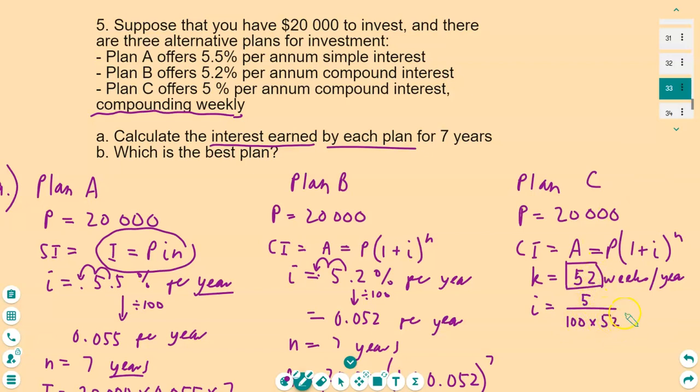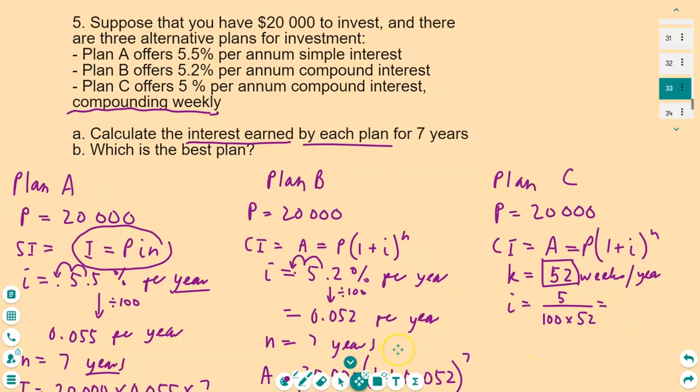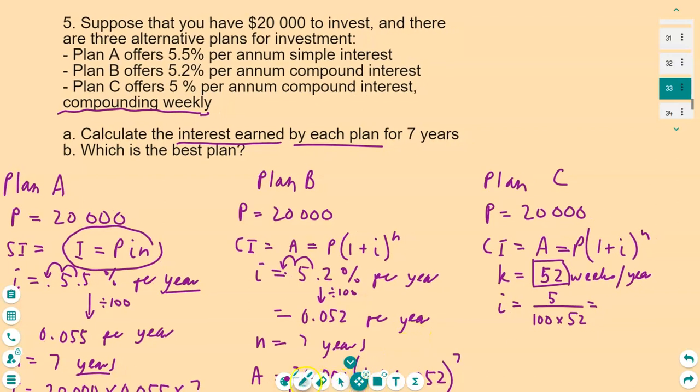Also divide by the 52 to get the weekly compounding interest rate as a decimal. 5 divide bracket 100 times 52. And we go to 0.00096154. A lot of decimals, okay? It's important because it's compounding over years and it all accumulates if you round too soon.